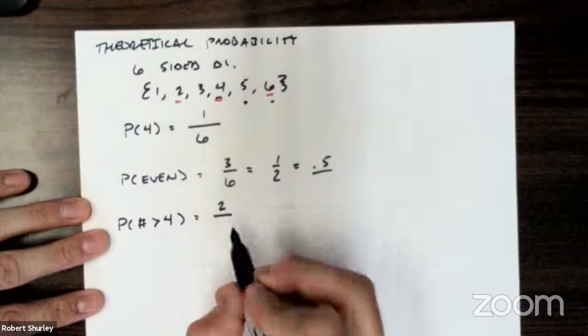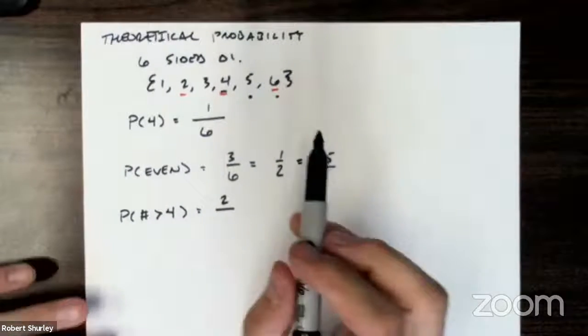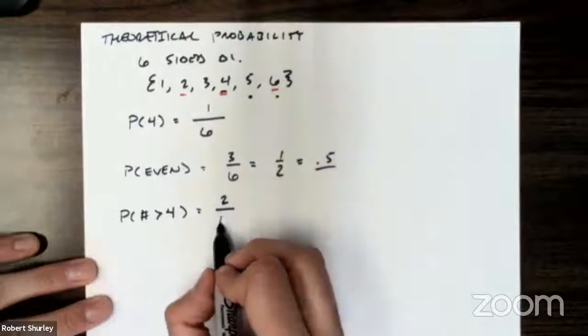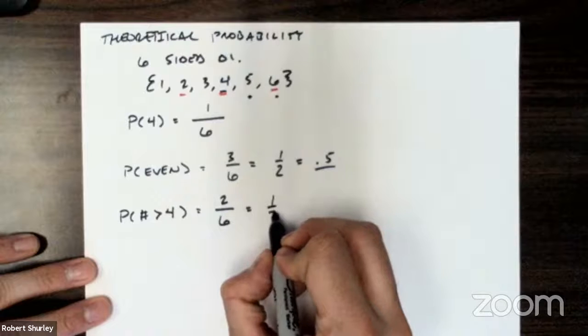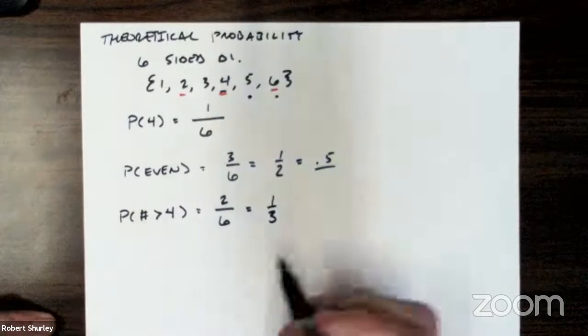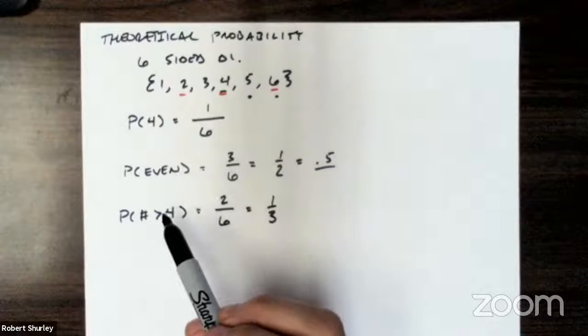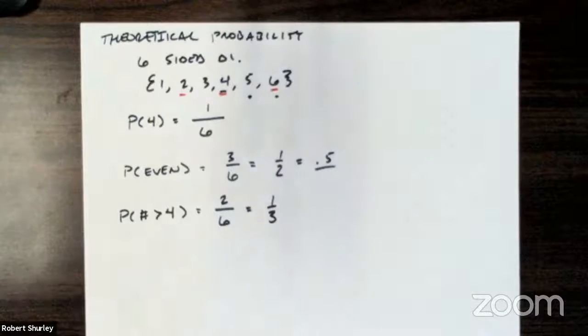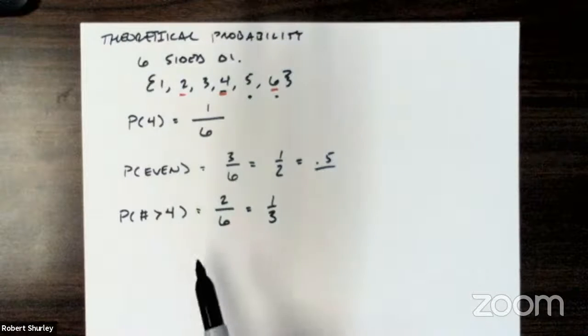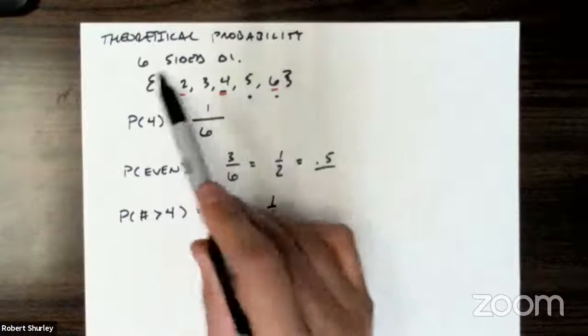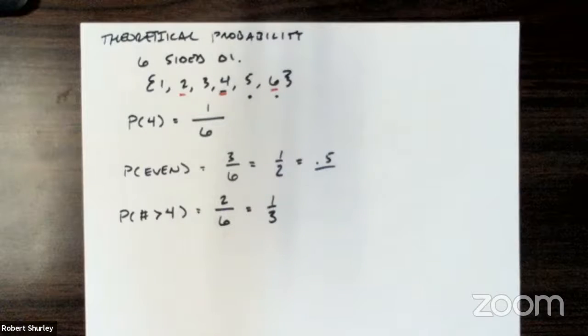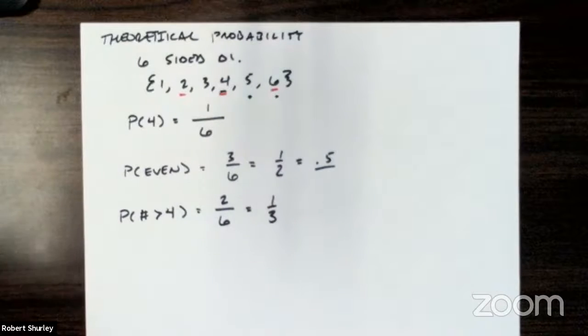So we have 2 numbers that are greater than 4. We still have just 6 outcomes, right? So therefore, this would be 1/3. We've got a 1/3 chance of rolling a number greater than 4. So if we're playing some game and the objective is to roll a number greater than 4, we know we've got a 1/3 chance of doing that. Okay, this is where that comes from.